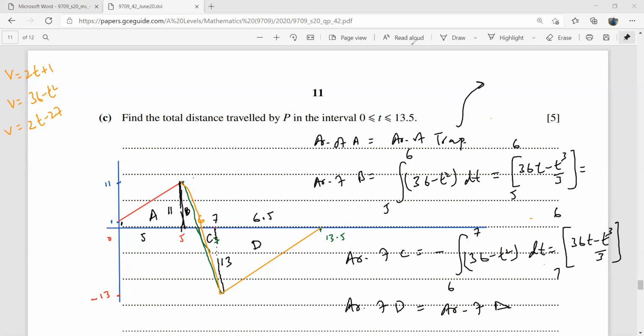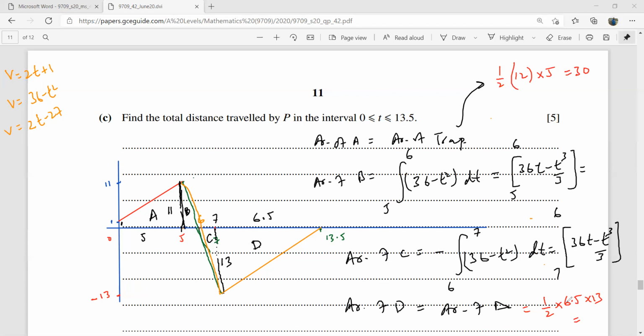And this one is going to be half into the sum of parallel sides, that is 11 plus 1, this is 12, into the height, which is 5. So area of A is 30. Let me find area of D. That is half into 6.5 into 13.